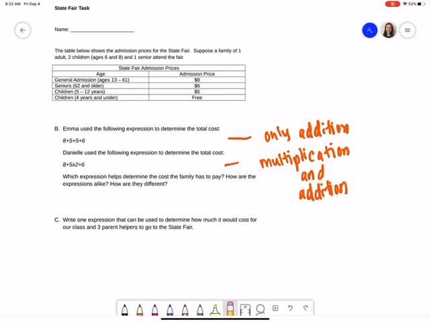Okay, so they are the same and they do represent the same value. And this is because instead of multiplying this 5, instead of saying that $5 ticket has to happen 2 times, because there are 2 children, Emma said, I know that $5 ticket has to happen 2 times, so instead of multiplying 5 times 2, I'm just going to put 5 in there 2 times. 5 plus 5.